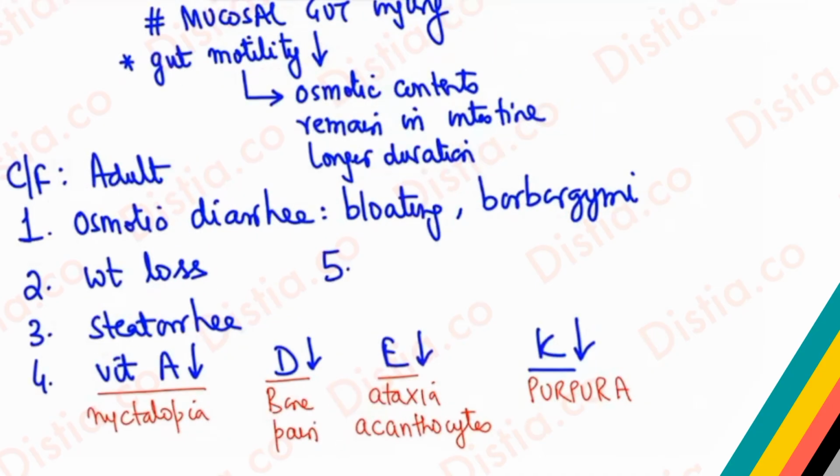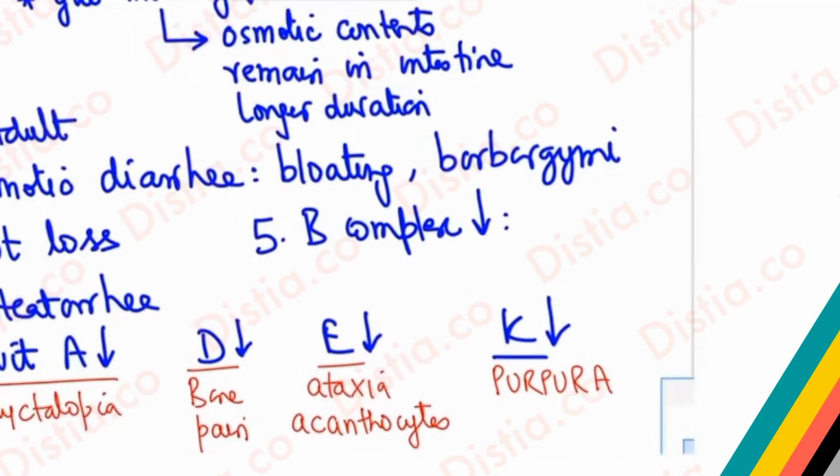Because B complex group of vitamins can also be affected. You see, after all, it's a mucosal disease, no? So even water soluble vitamins, the levels can definitely reduce. This will give him opportunity to describe terms like stomatitis or cheilosis or gingivitis.